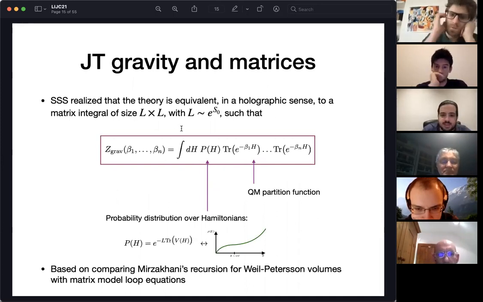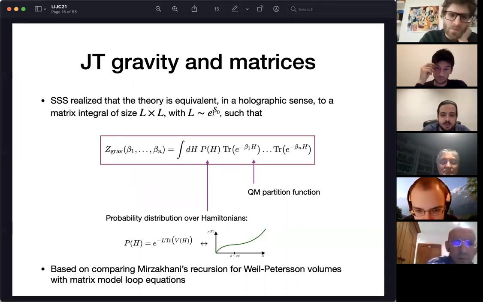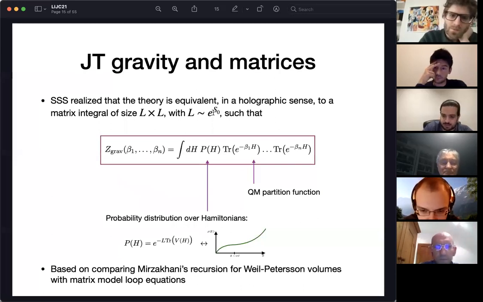And on the right-hand side, we have an integral over a matrix H that is size L by L, where L is a parameter that depends on S naught. So these corrections that are exponentially suppressed in S naught are really like the 't Hooft expansion of this large matrix.